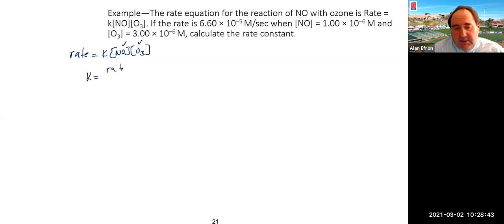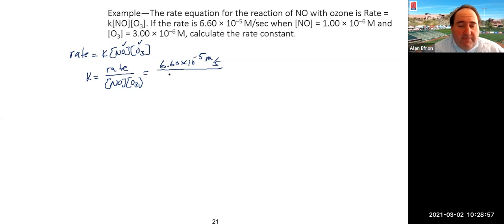which means we just need to rearrange, dividing everybody to the other side, and basically plug in our values. So that would be 6.6 times 10 to the minus 5 molar per second divided by our NO concentration, which looks like 1 times 10 to the minus 6 molar, and our O3 concentration, which looks like 3 times 10 to the minus 6 molar in this case.